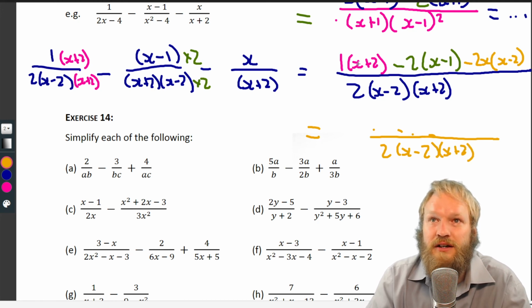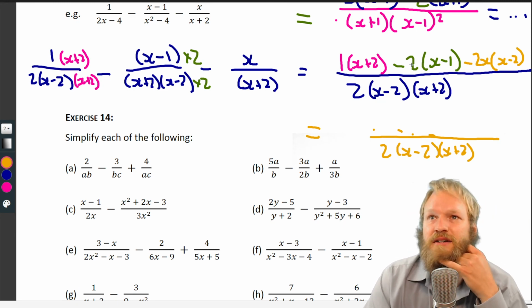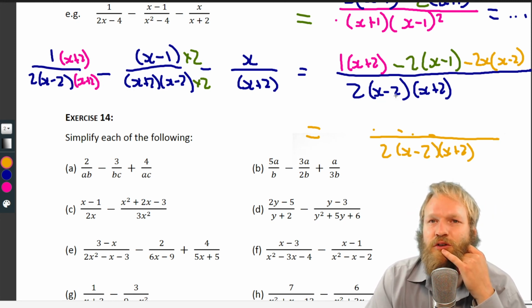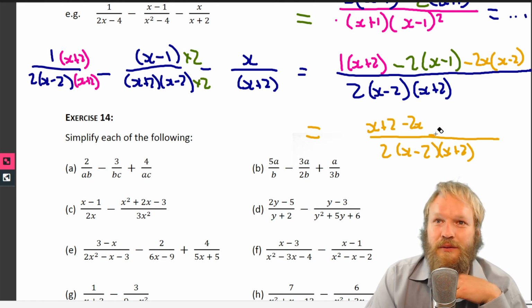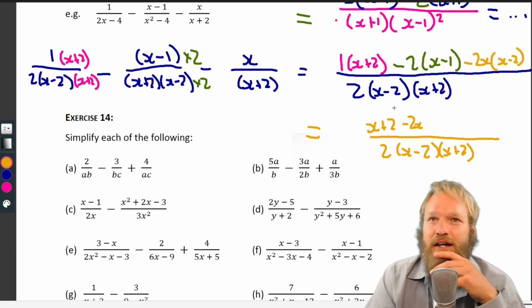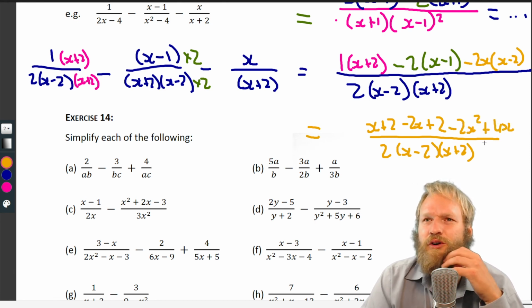Here we've got x minus 2x is minus x. And we're going to have plus 4. No, I'm going to lose track of this, aren't I? X plus 2 minus 2x, especially with all these things in the way here. Yeah. Okay, x minus 2x plus 2 minus 2x squared plus 4x.